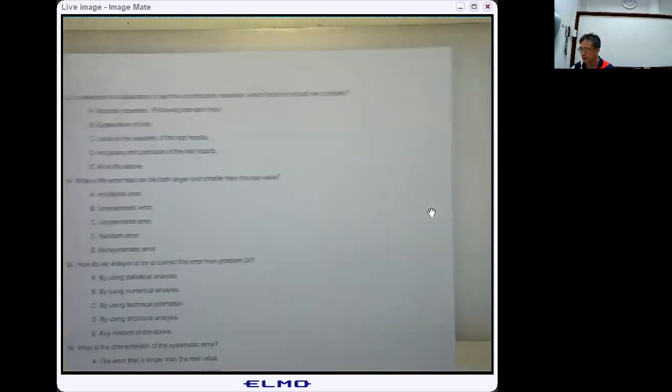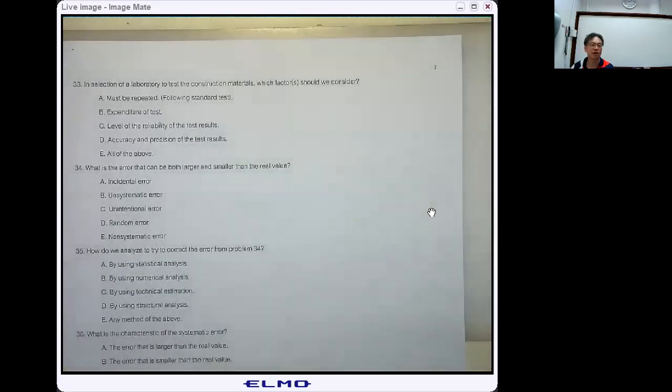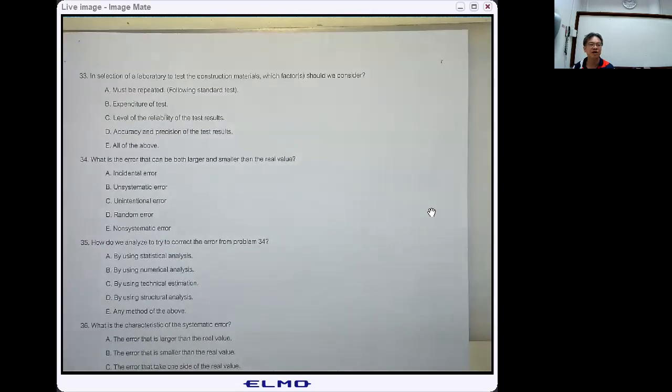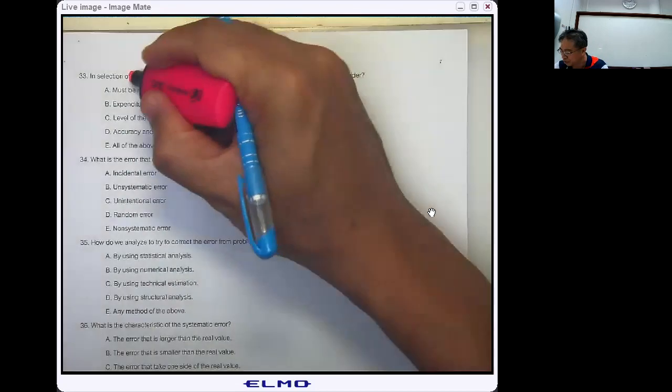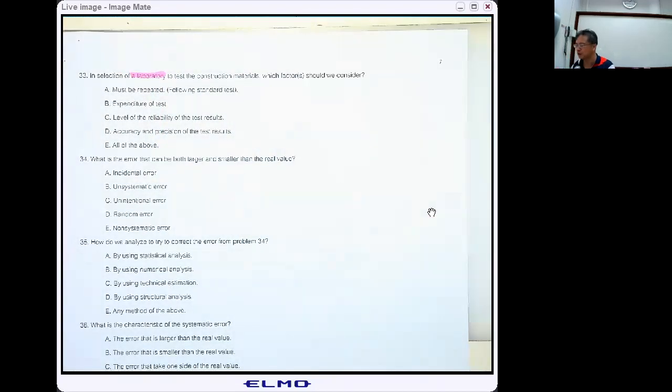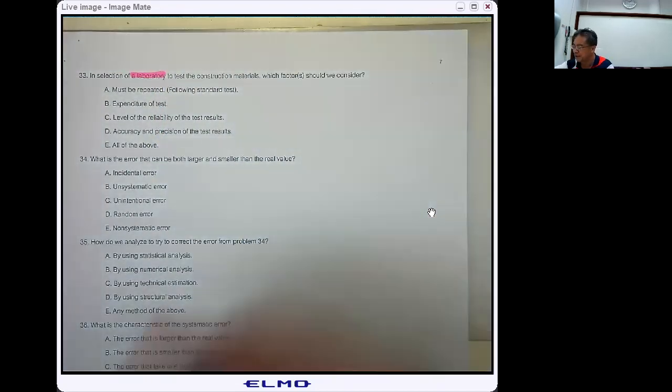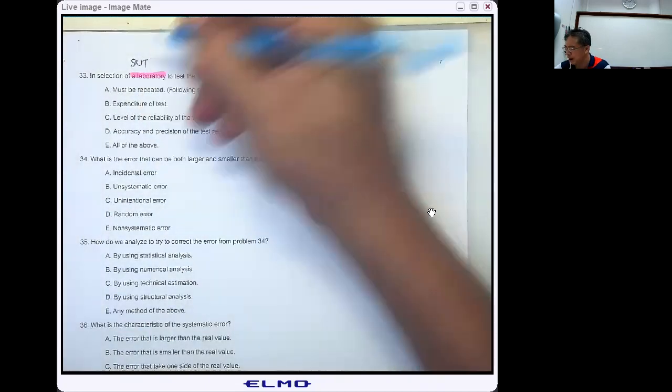Next, we come to problem 33. In selection of laboratory, we select a laboratory to test the construction material, such as if you prefer to select the SUT laboratory.